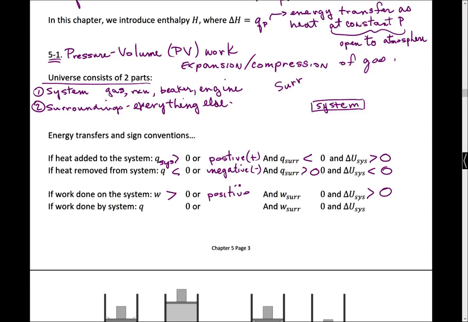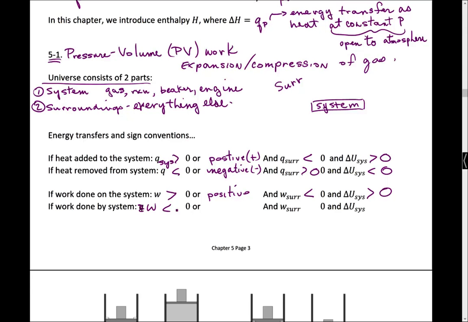And if you think about it, the work's done on the system by whom? The surroundings. And so the surroundings have to have lost energy in doing the work. All right, and then here I have a little typo, so this would be W. So if we do work by the system, that means the system is expending energy to do work.